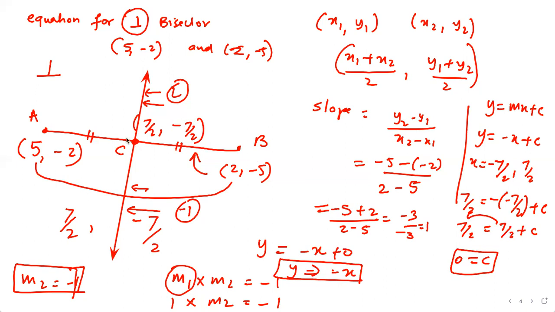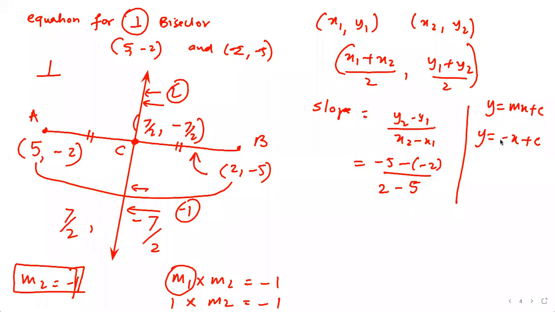You find the slope of line segment AB, and then you use y equals mx plus c, where m, the slope for the line L, is the negative reciprocal of the slope of line AB. In short, this is a summary of finding the equation of a line in slope intercept form.